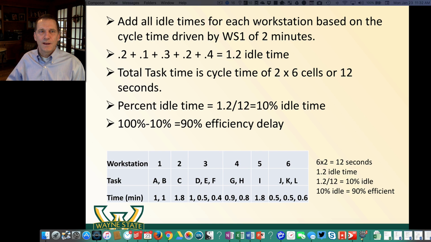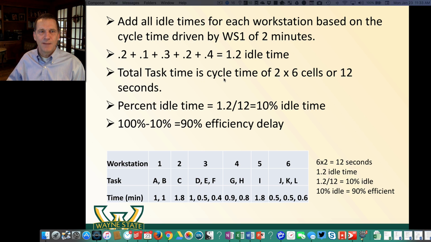If we add all the idle times for each workstation based on the cycle time driven by workstation 1 of 2 minutes, we would have 0.2, 0 here, and then 0.2, 0.1, 0.3, and 0.2, and 0.4. We can add those up to a 1.2 minute idle time by adding up those idle times.